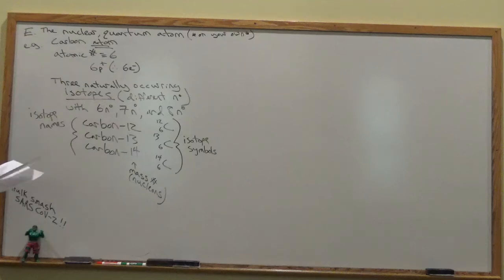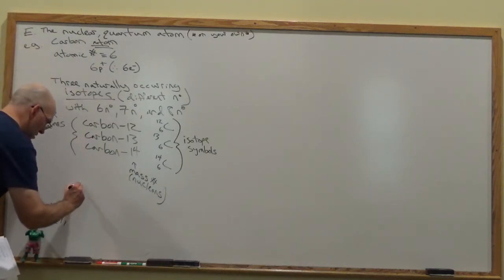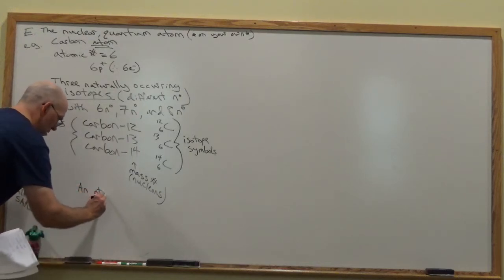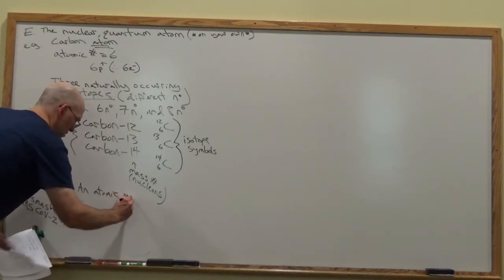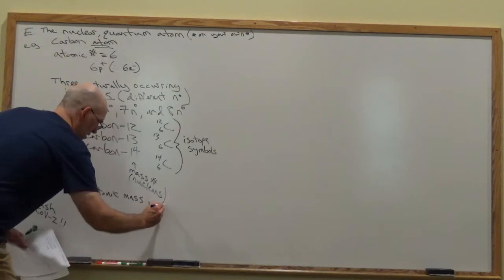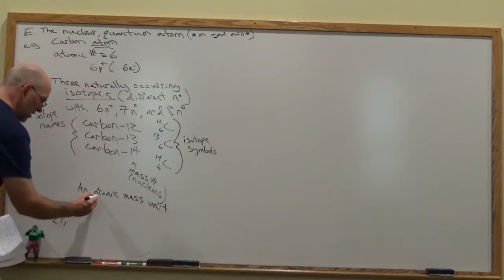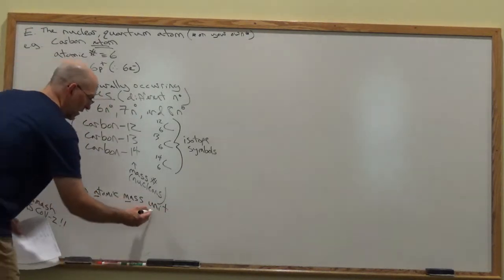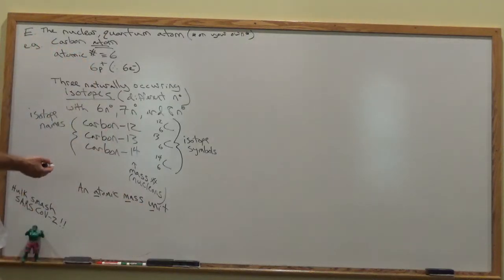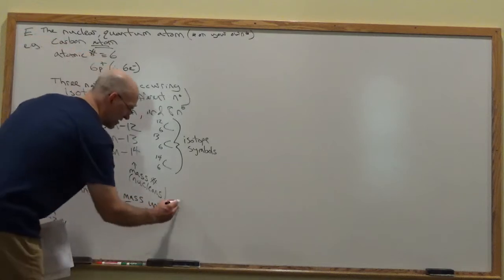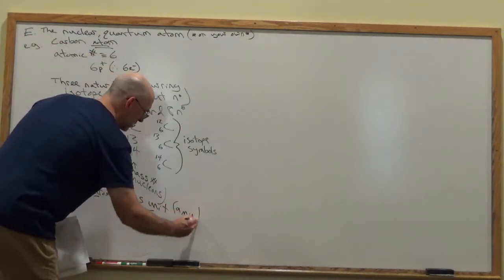Yeah, I guess I was going to put this definition here. I don't think this is on the slides. How do we measure mass on an atomic level? Well, we have something called an atomic mass unit. It's not all that useful for us as chemists, but it's called an AMU.